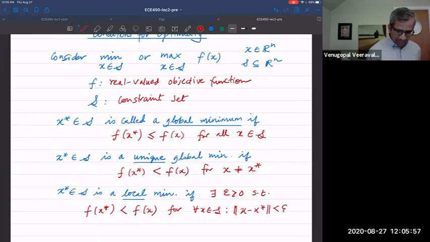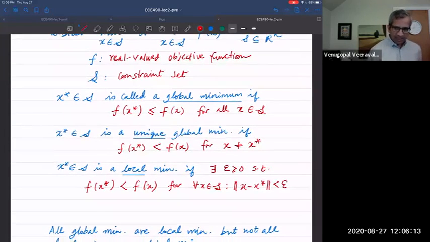So I'm just looking at this epsilon ball, and within that epsilon ball, f of x star is smaller than f of x. Those are the definitions for a global minimum and a local minimum.